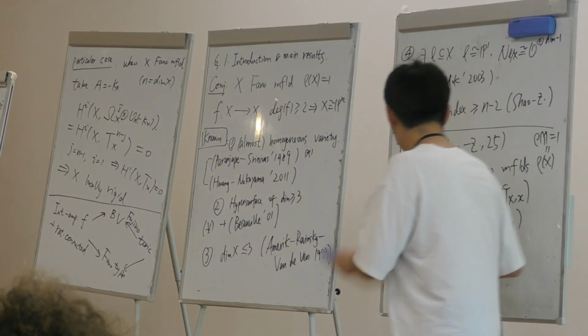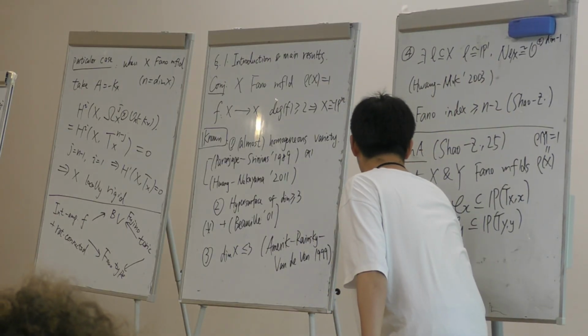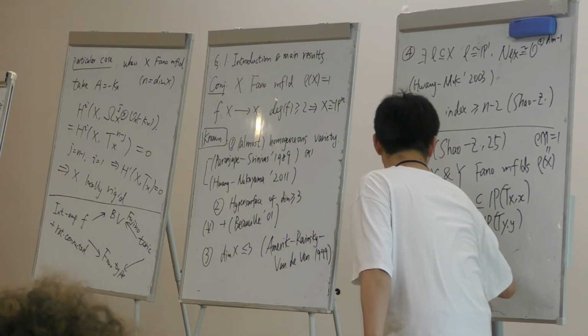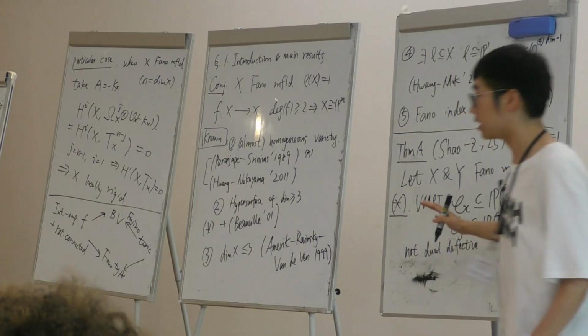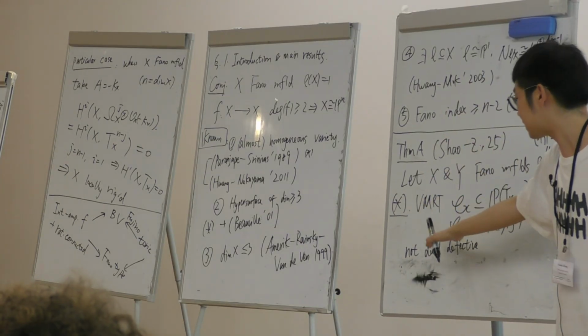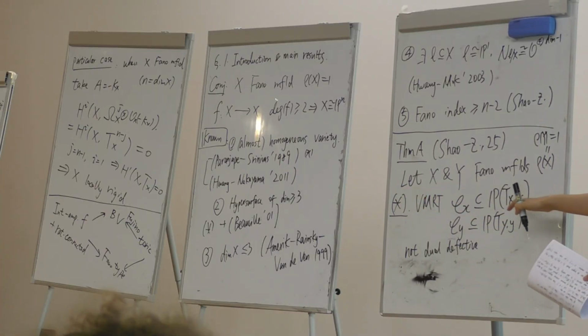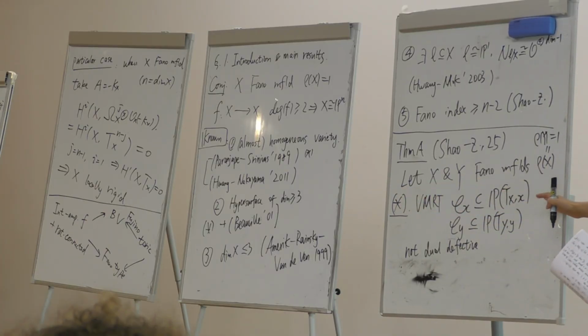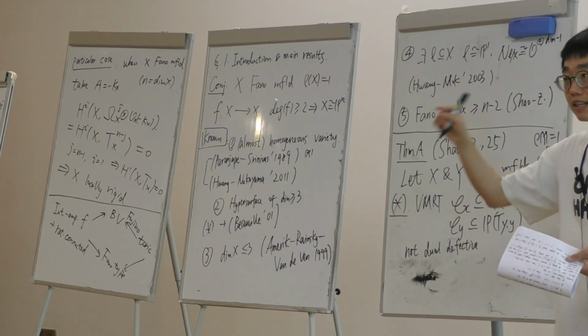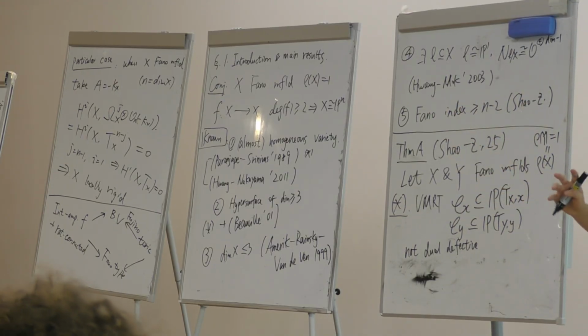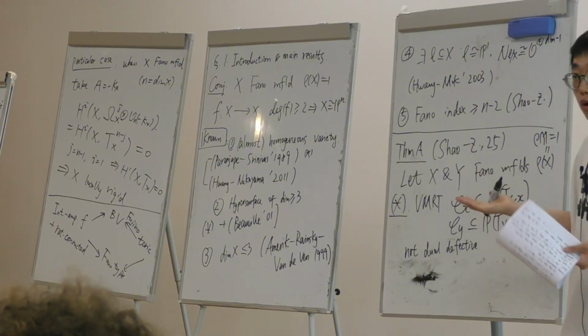Okay, so both of them are not dual defective. So this means that the dual variety of these C_x and C_y is a hypersurface in the P of the cotangent bundle. Okay, because for every variety with an embedding to some projective space, we can always consider its dual variety.